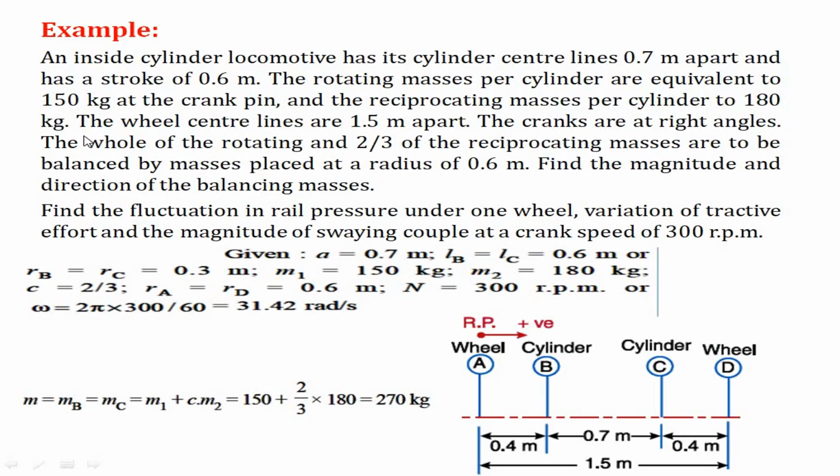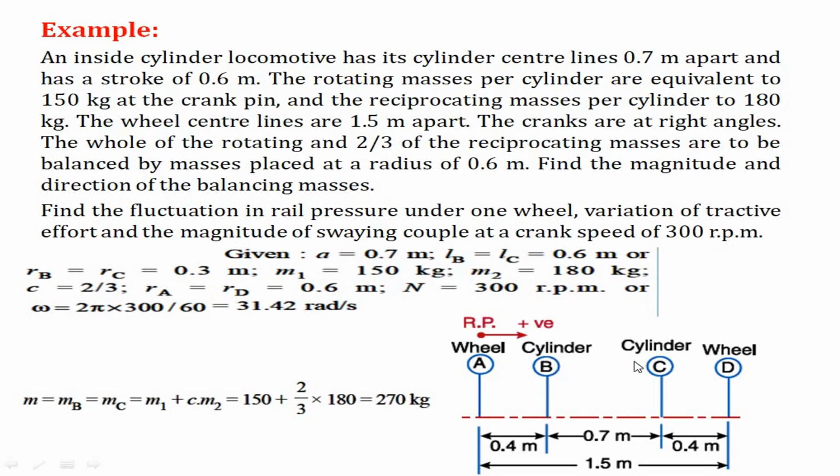So first, the whole of the rotating mass, that means 150 kg, has to be balanced. Along with that, 2/3 of the reciprocating mass, that means 2/3 of 180 kg, needs to be balanced. Now this mass is going to be 150 + 2/3 × 180, which is 270 kg.